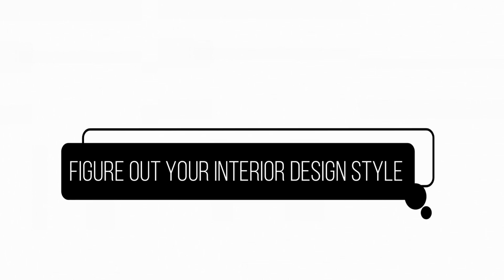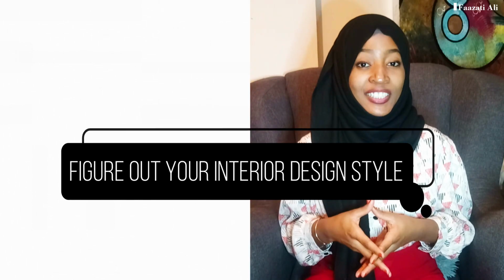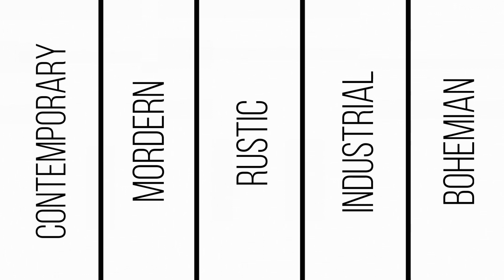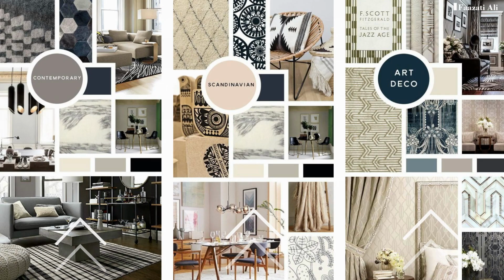Now the first step when it comes to creating your dream space is to figure out your style. Now when it comes to interior design, there are several styles to choose from: contemporary, modern, rustic, industrial, bohemian, and so many others. Each of these styles has different characteristics and features that will totally guide you in picking out your furniture pieces and so much more.